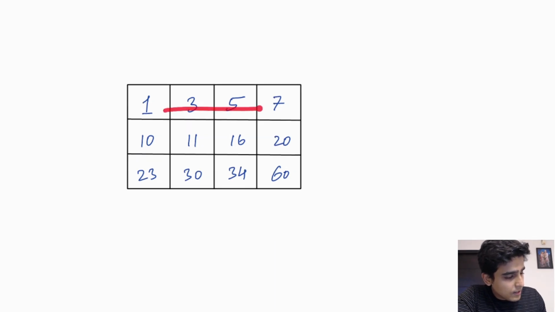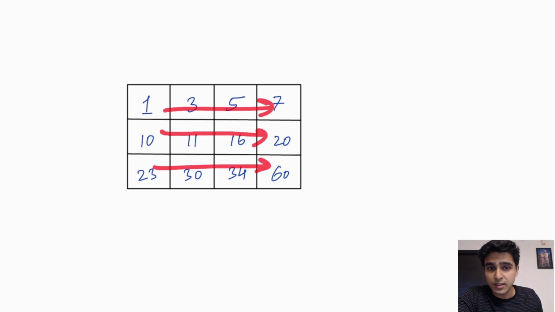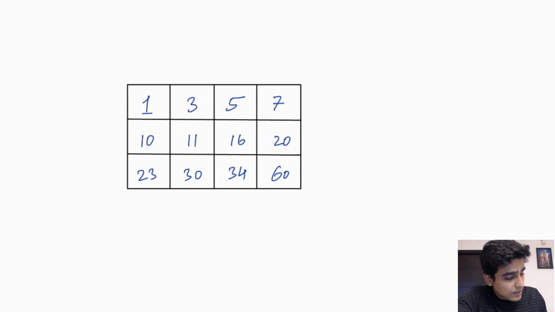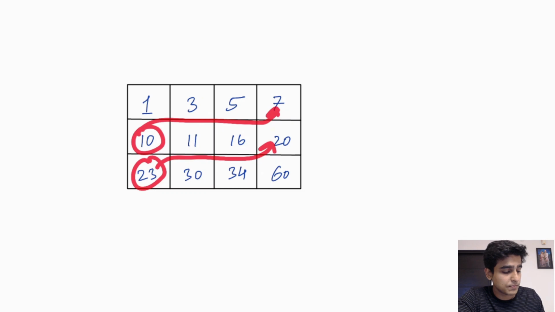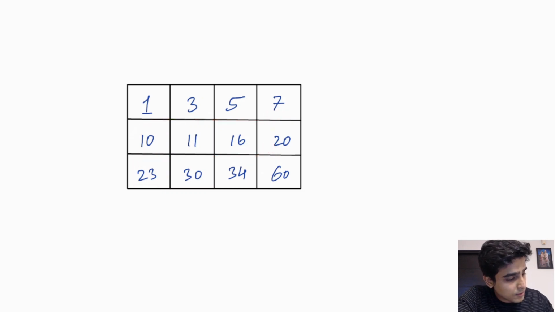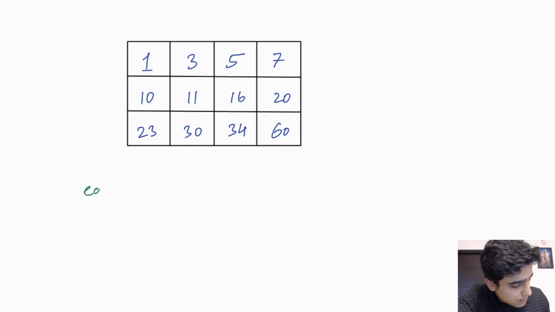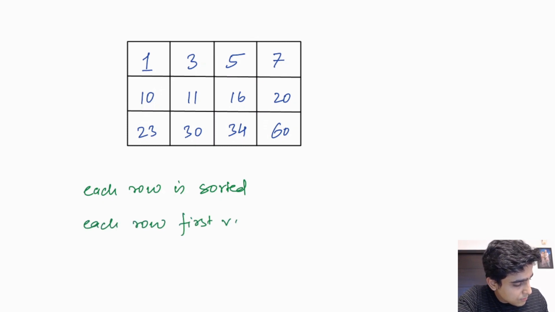So it is saying each row is sorted in the matrix. And the second is the first value of each row is greater than the previous row's last value. Okay. So if you think about it, each row is sorted and each row's first value is greater than the previous row's last value.